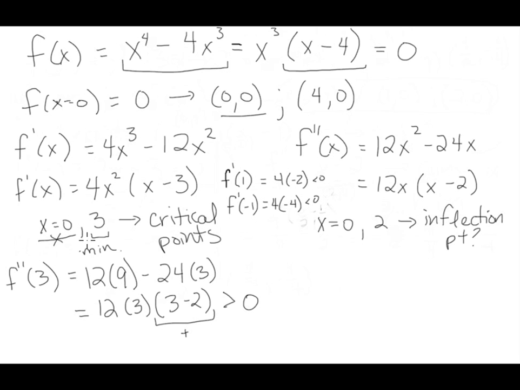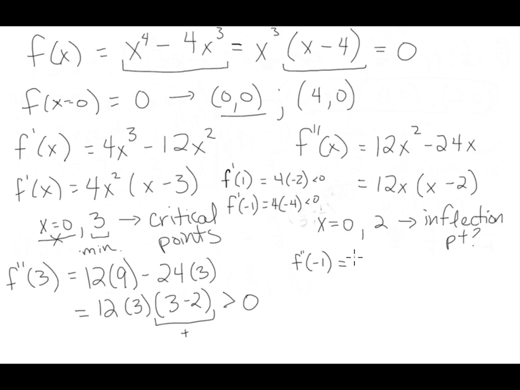Okay, I can cross that off. It may be an inflection point. So now I need to test the value of the second derivative on either side of these possible inflection points. I'm going to again pick 2 test values on either side. I pick x equals negative 1, again because it's super easy to calculate.